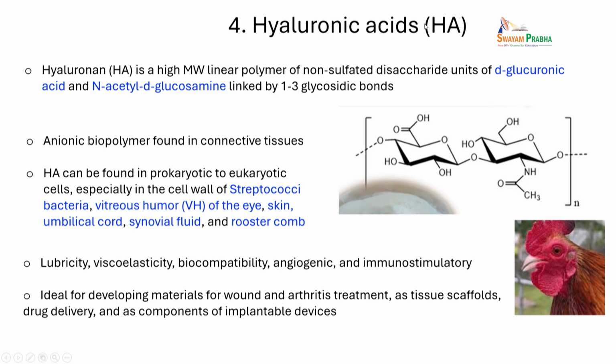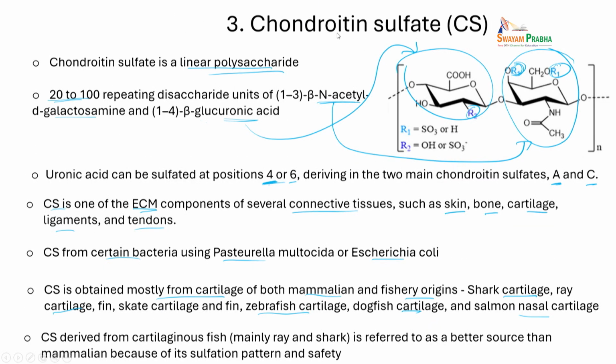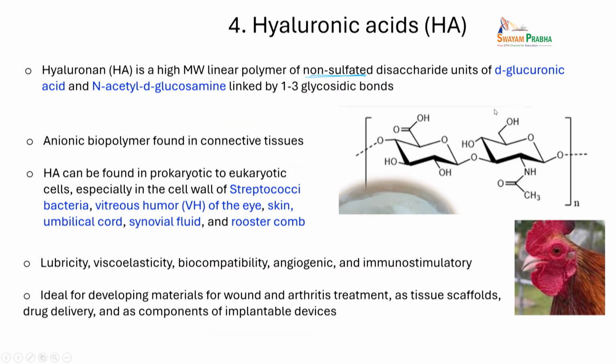Hyaluronic acid, or hyaluronan, is a high molecular weight, linear polymer based on non-sulfated disaccharide units of D-glucuronic acid and N-acetyl glucosamine. So basically the same unit as before, like chondroitin sulfate, but there we said it is sulfated. If it is not sulfated, that's basically your hyaluronic acid.